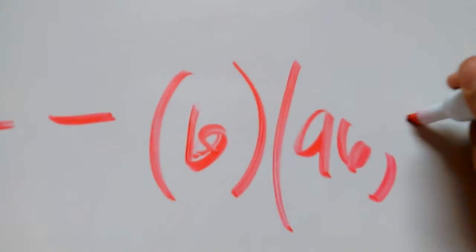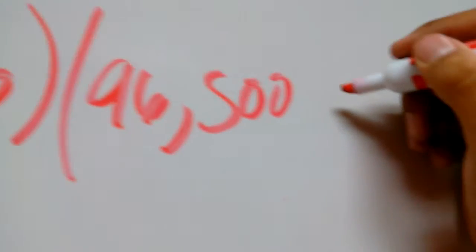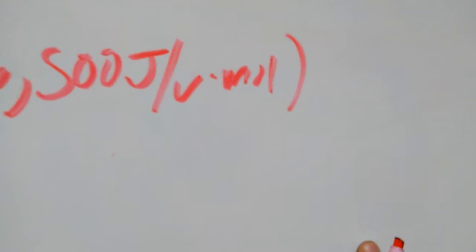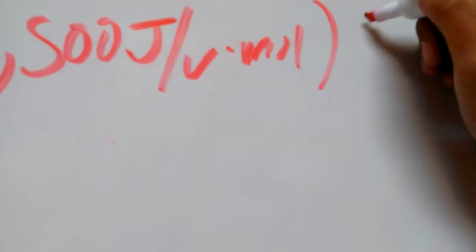Times Faraday's constant, which is 96,500 joules per volt times moles. Let's not forget moles here. And then it's going to be multiplied by your Ecell.